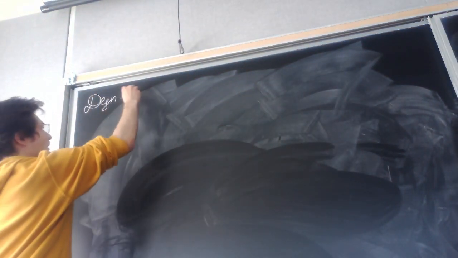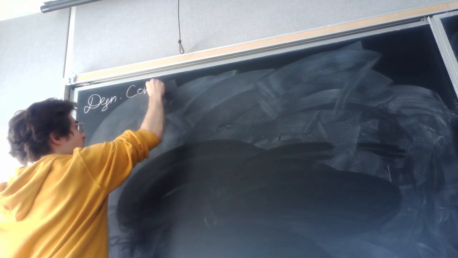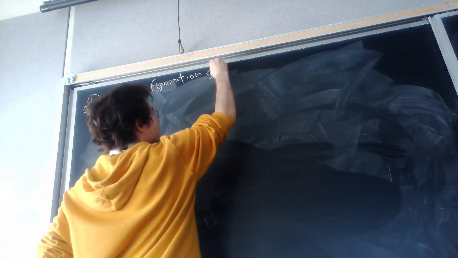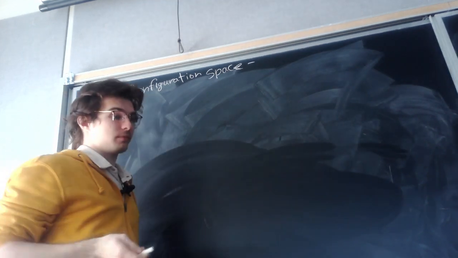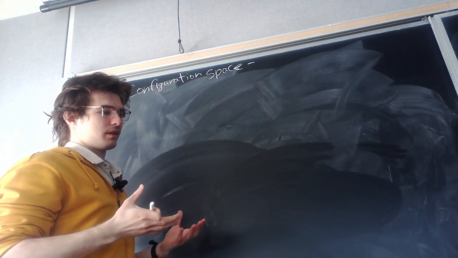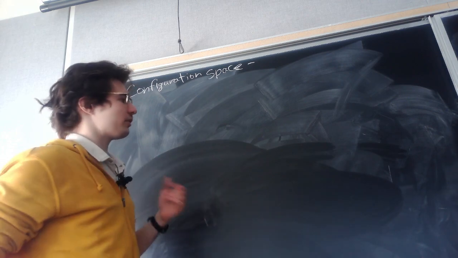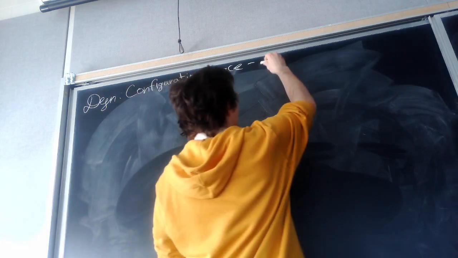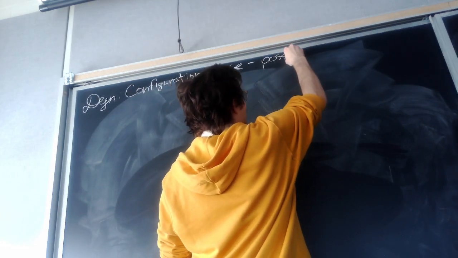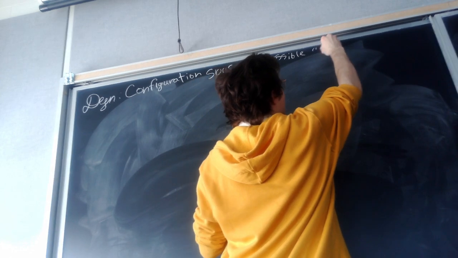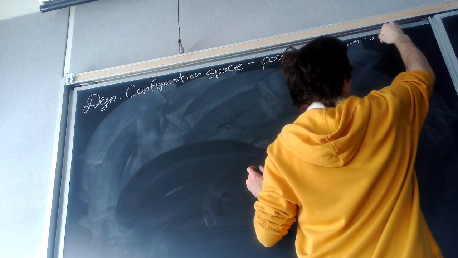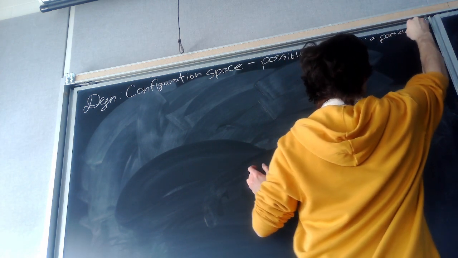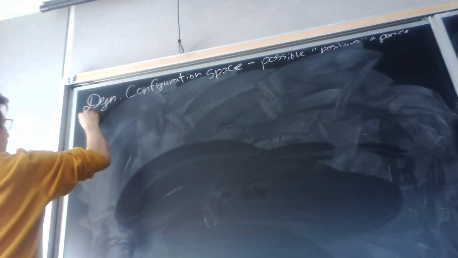So, definition: the configuration space. This is the possible positions that a particle could ever take.